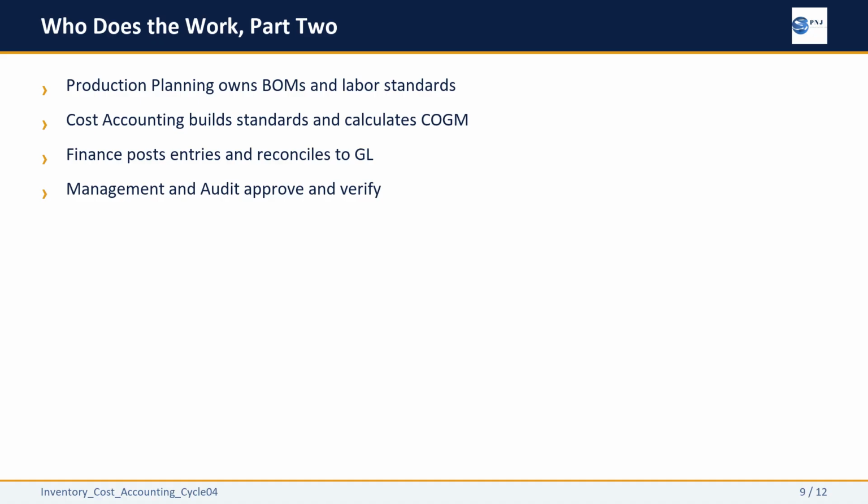On the costing side, production planning and engineering version control the bill of materials, the BOM, and design the labor standards. Cost accounting is the heart of this cycle. It develops standard costs, applies overhead rates, accumulates work in process, calculates cost of goods manufactured, or COGM, prepares all 9 variances, and runs the LCNRV assessment.